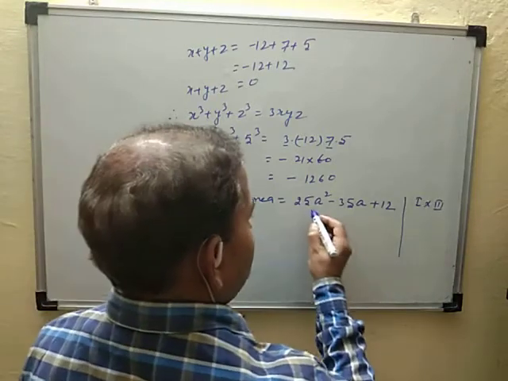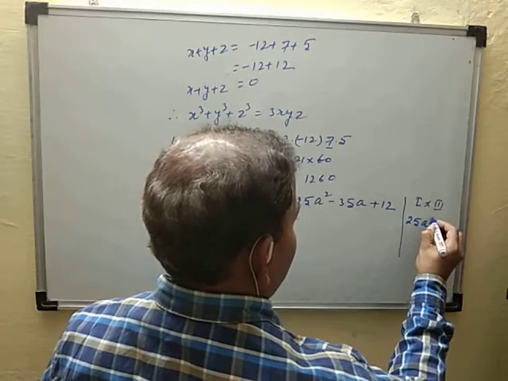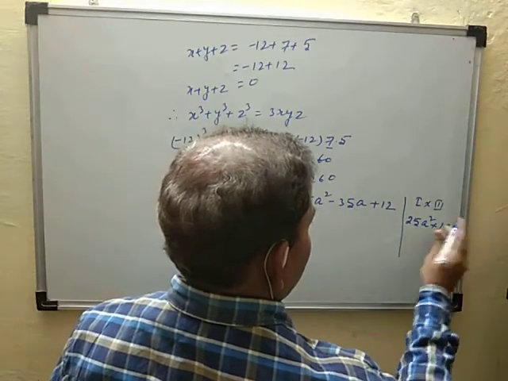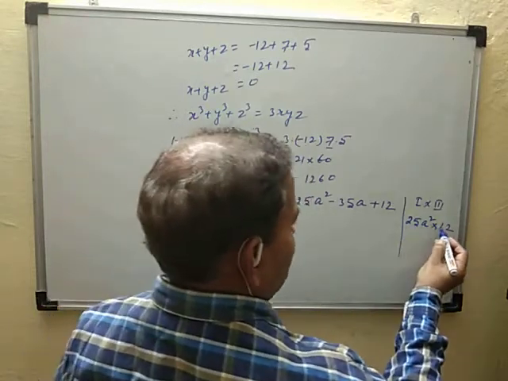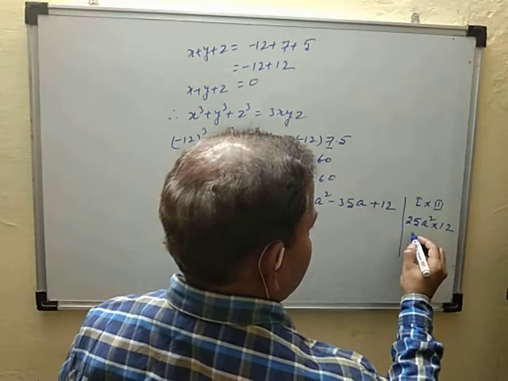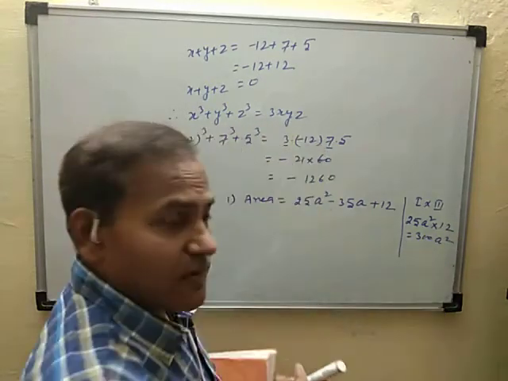So first multiply the first and third terms. The first is 25a square and the third is 12. Their product is 300a square.